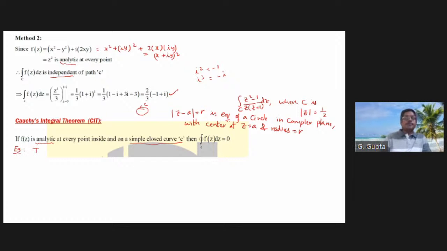The value of the integral over C of z minus 1 divided by z square plus 2z plus 2 dz, where C is mod z is equal to 1, that is the unit circle, radius equal to 1, center at the origin.